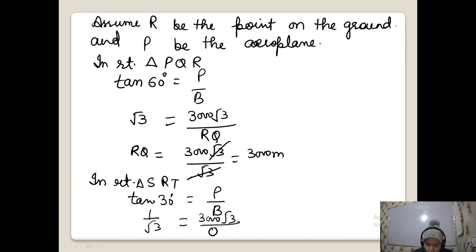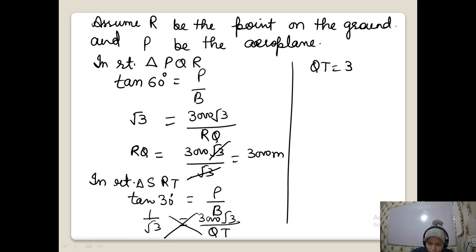By cross multiplying you will find QT is equal to 3000 root 3 multiplied by root 3. Root 3 cancels with root 3 and 3 is common, that is 9000 meter.